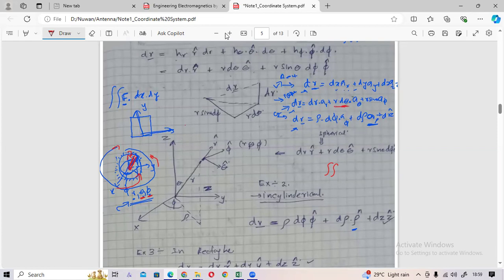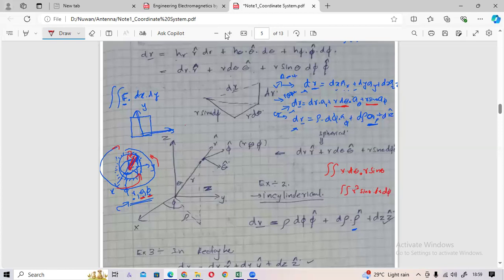So d theta is coming with r d theta, and then you need to evaluate it with d phi. This d phi is coming with r sine theta. So you need to evaluate r squared sine theta d theta d phi.